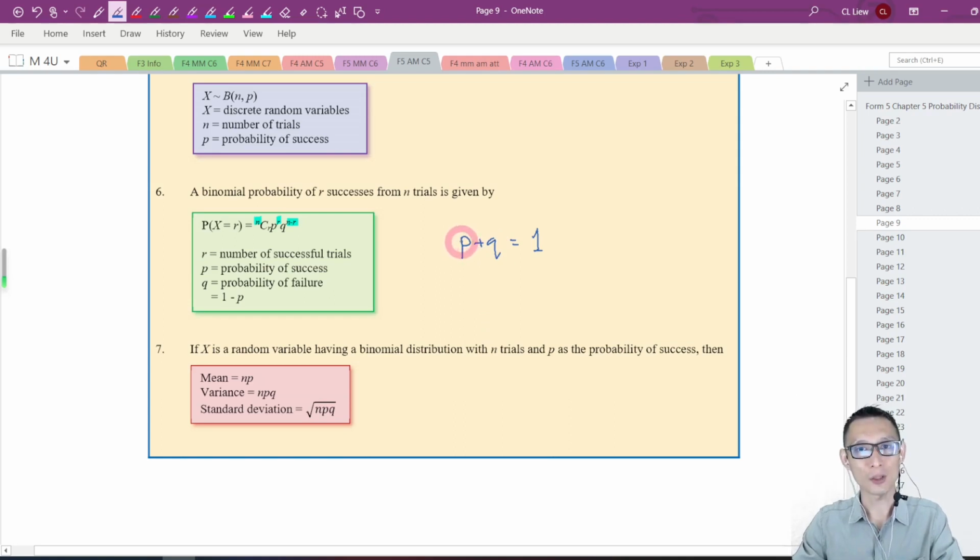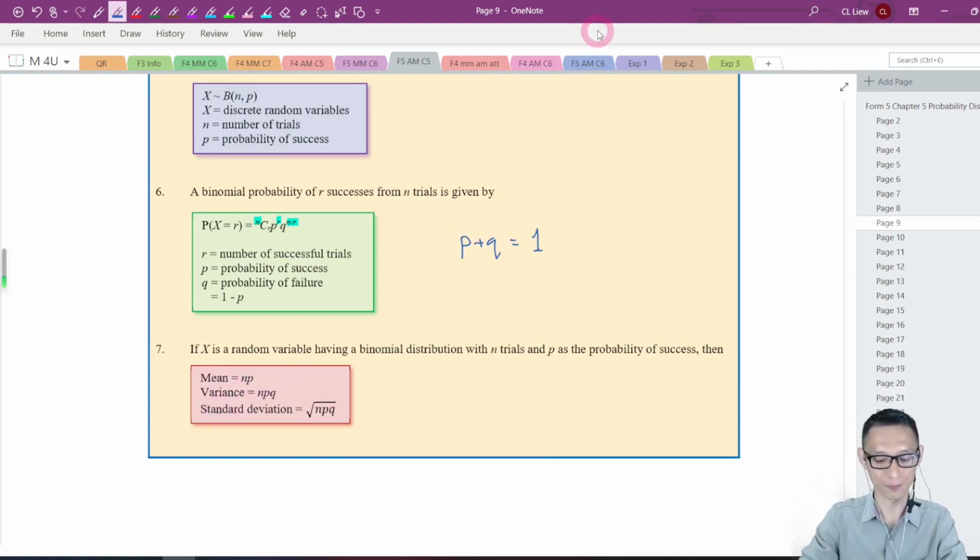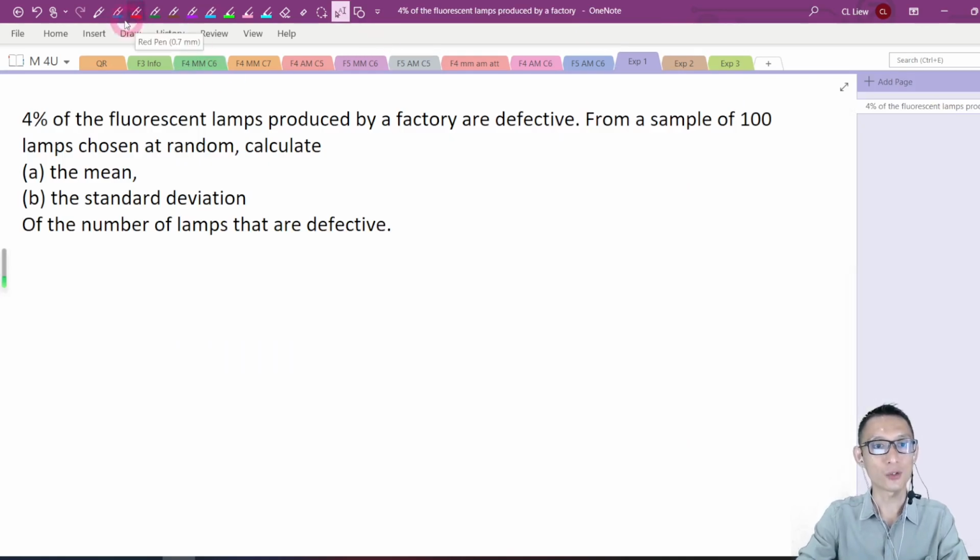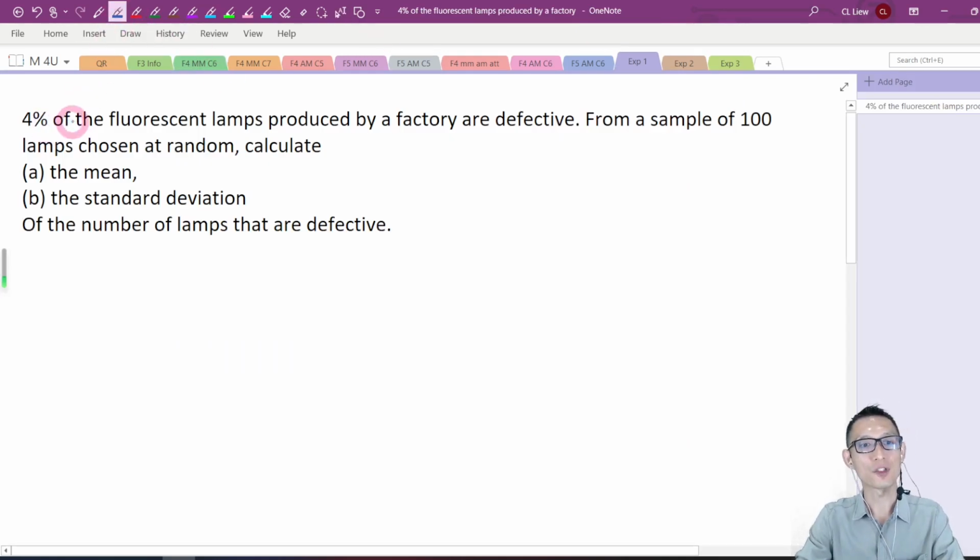Now let's try some questions so that you understand better how we use these three formulae. Let's look at this question. 4% of the fluorescent lamps produced by a factory are defective. From a sample of 100 lamps chosen at random, calculate the mean and the standard deviation of the number of lamps that are defective.